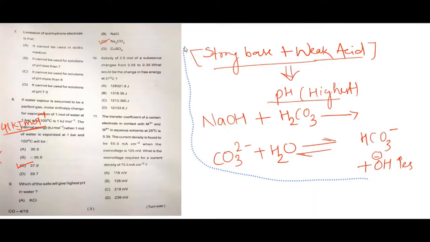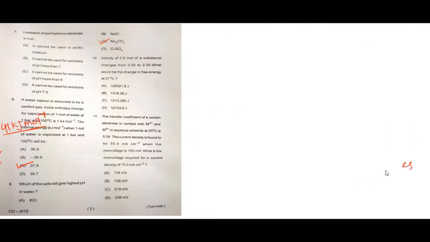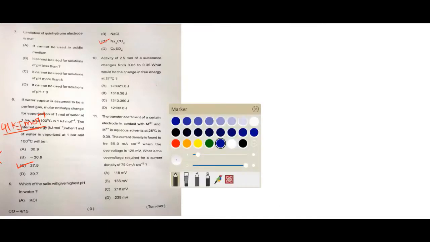Question number 10 says that the activity of 2.5 moles of a substance changes from 0.05 to 0.35. What would be the change in free energy at 27 degrees Celsius?